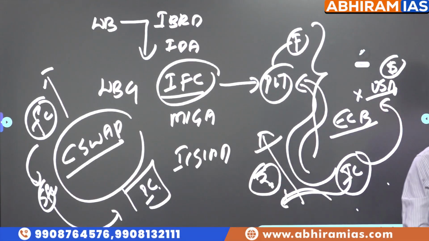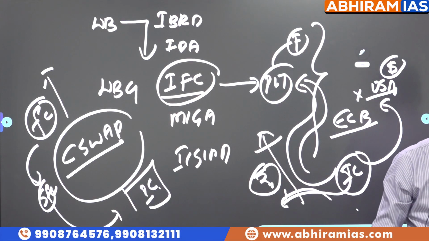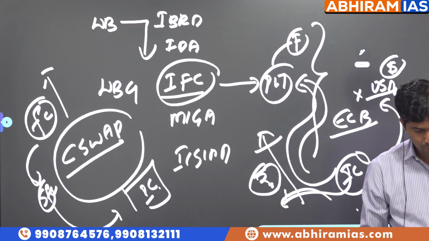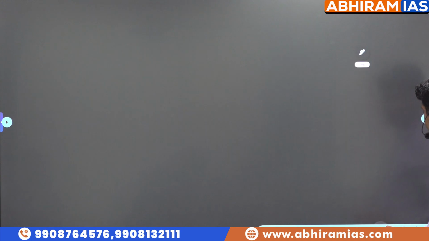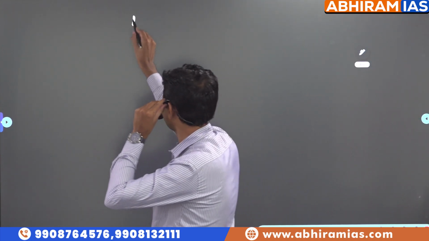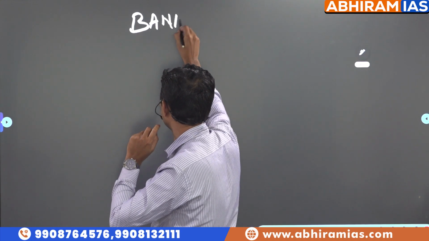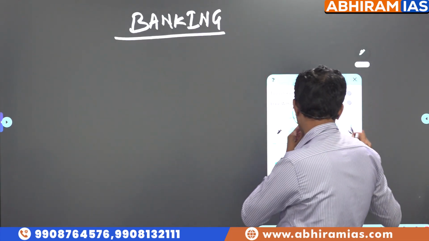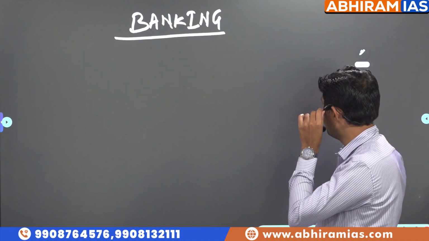Probably one more very important topic for prelims, banking and RBI, before we go to taxation, fiscal policy, budgeting. So in banking, if you look at previous year questions, themes, so regularly repeated question in UPSC Prelims is actually types of banks.